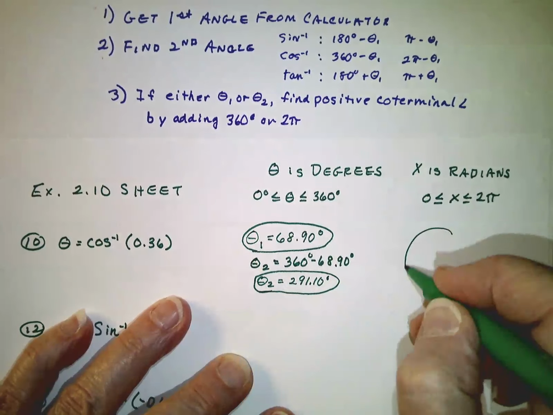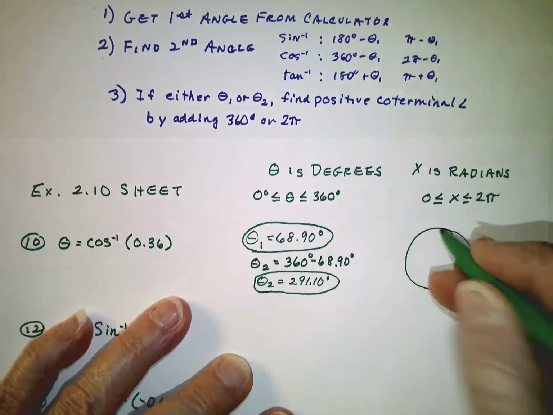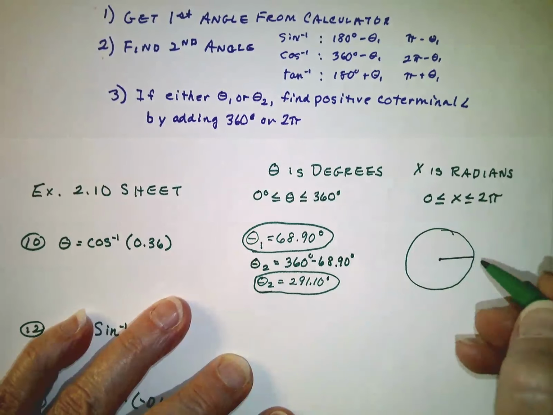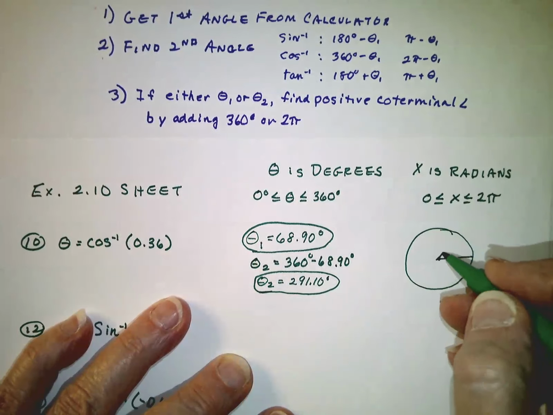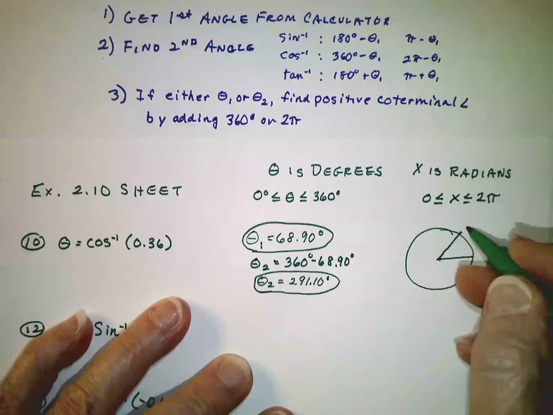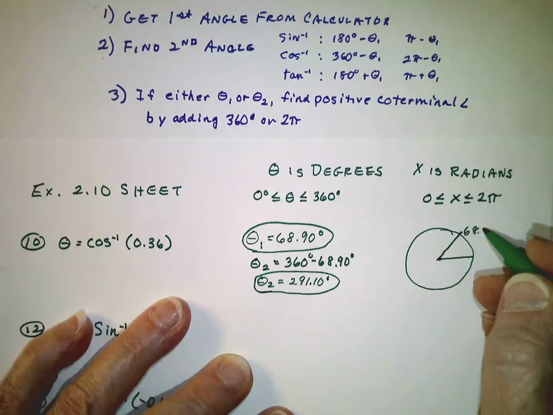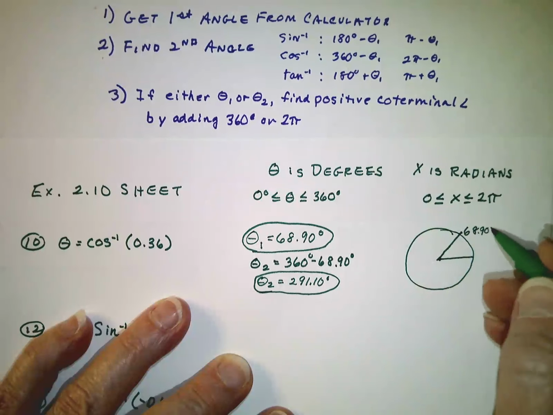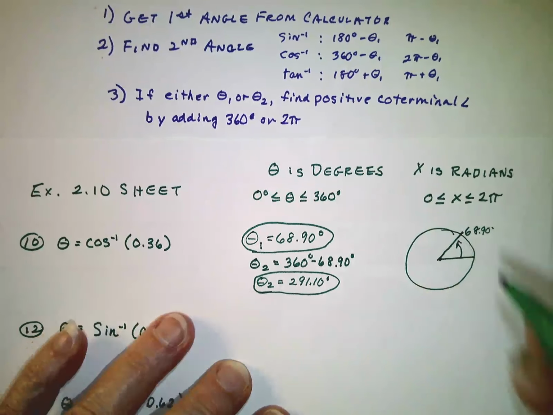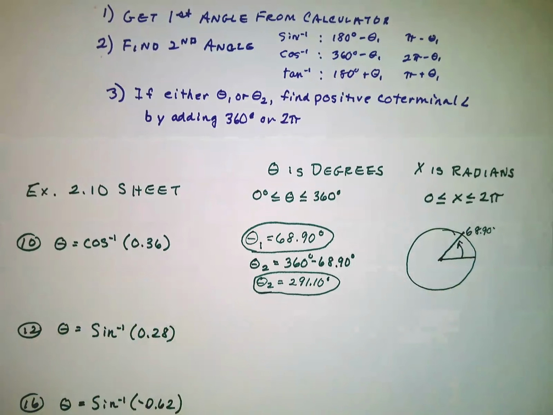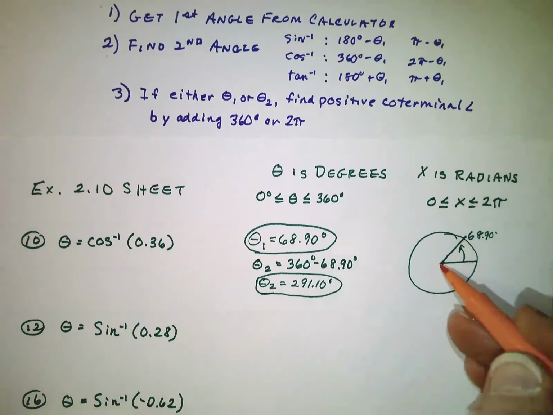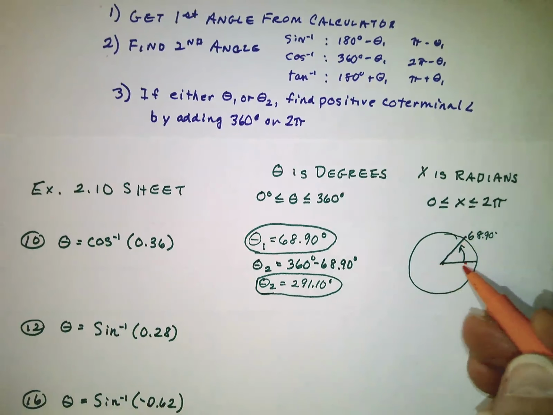We could check it out. The calculator told us the first angle was about here, 68.90 degrees. And our second angle has to have the same cosine value. Has to be the same x value going across.